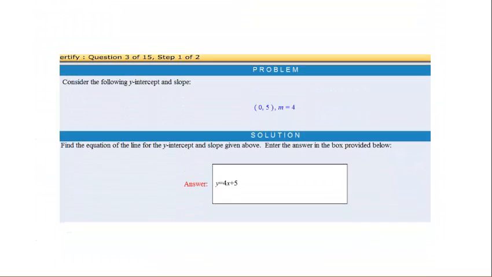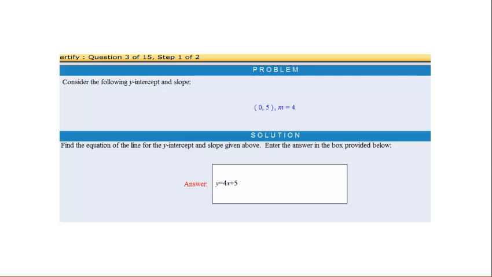In this kind of problem, it's really simple. They're giving us our y-intercept because x is already set to 0 in the first point that they give us, (0, 5). So we know that's our y-intercept, and they're giving us the slope. All we need to do is put that information into the y equals mx plus b form.